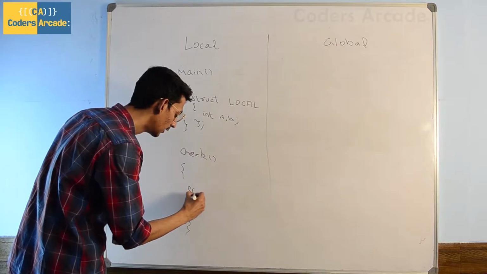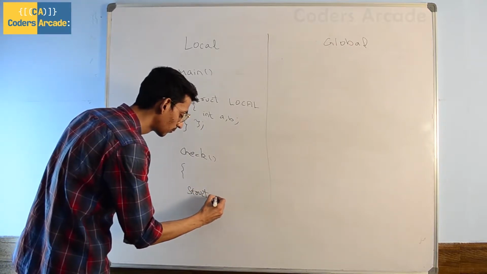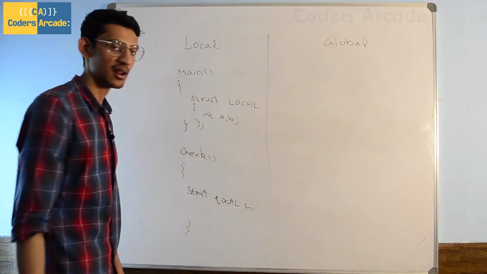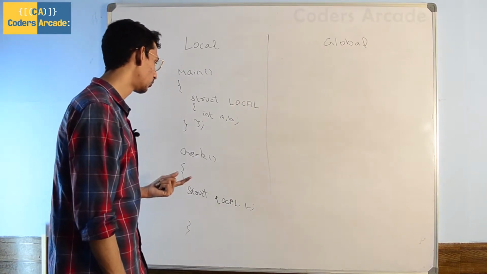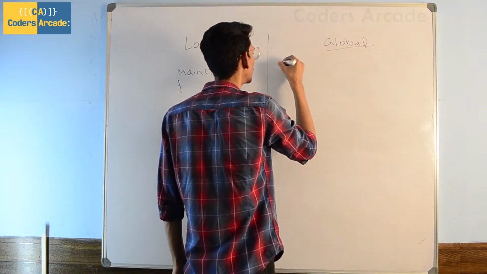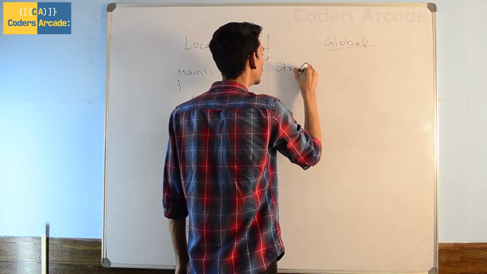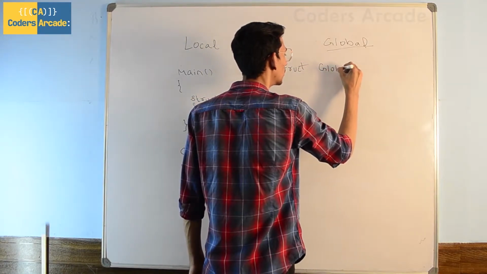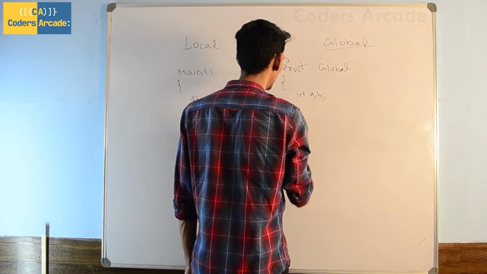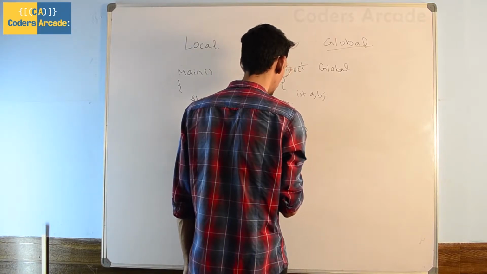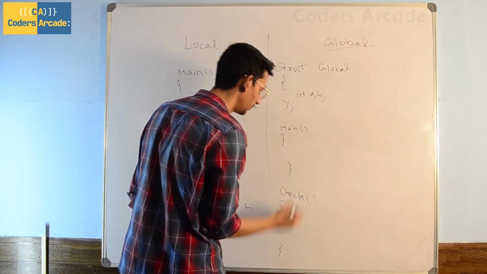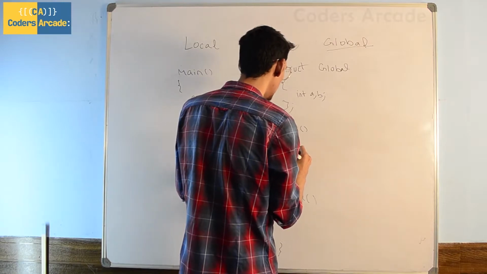If we try to declare it here, struct local L, it will give an error, because the structure is defined inside this function. But in the case of a global structure, we can declare it anywhere.